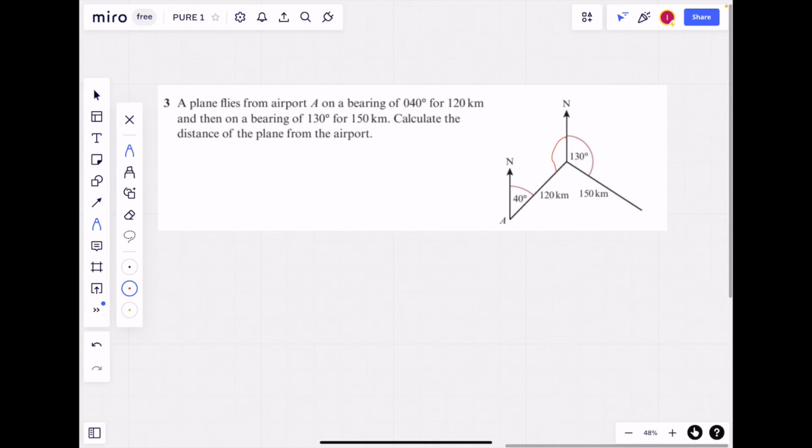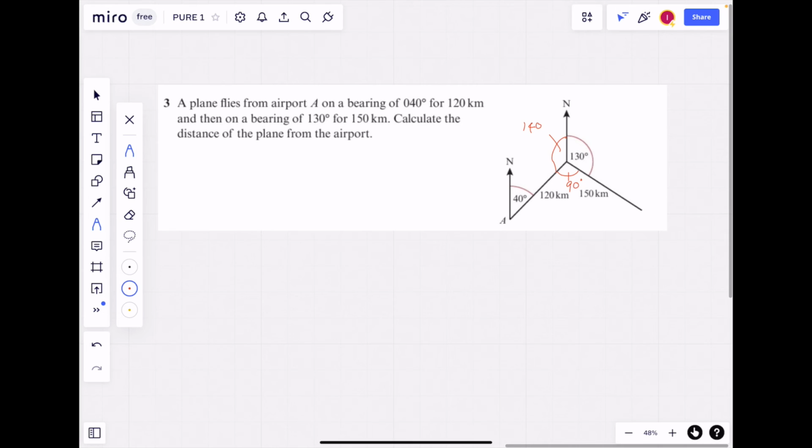If you remember, there was the whole F and Z stuff in GCSEs. So if I extend that as an F, this is going to be 180 minus 40, because this angle and this angle have to add up to 180. So if we've already got 40, that makes this 140, which makes this angle 90 degrees.